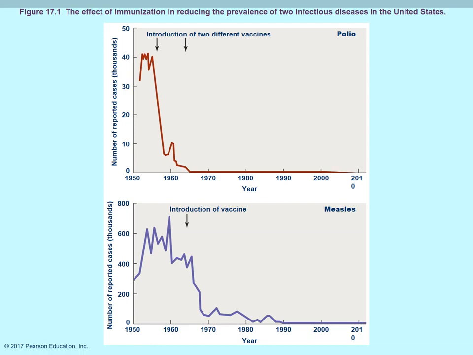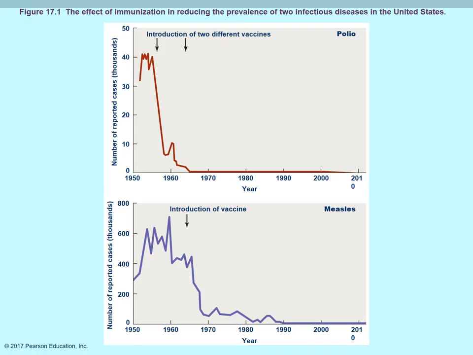Today, we have multiple vaccines that are routinely given to individuals. Now, some vaccines may only be reserved for certain personnel, such as military, for certain diseases that hopefully the general public may not come in contact with.